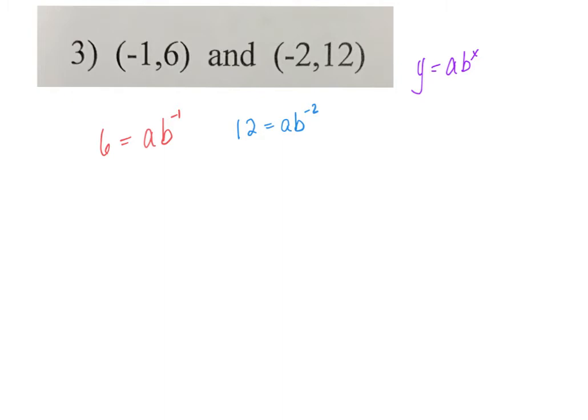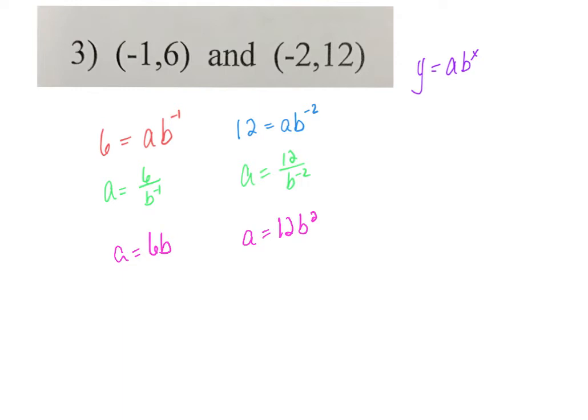And so if I'm solving for a, on the left-hand side, a is going to equal 6 over b to the negative 1, and then over here, a equals 12 over b to the negative 2. And so if I were to rewrite this one here on the left-hand side, what is 6 over b to the negative 1? 6b. And 12b squared.